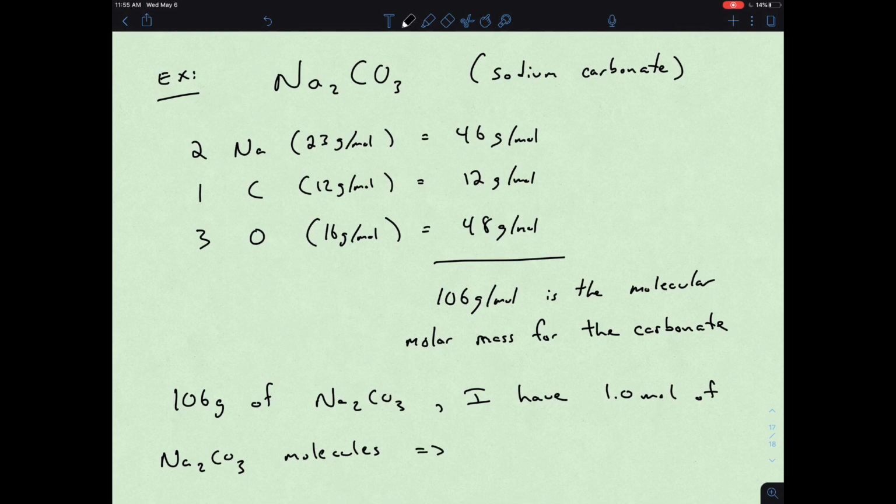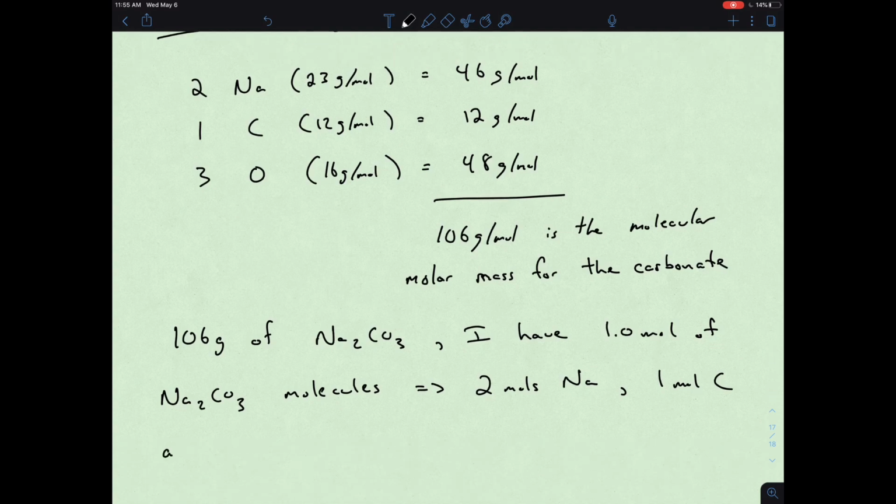I can even go further and say that I would have 2 moles of sodium, 1 mole of carbon, and 3 moles of oxygen based on that idea of the molecular formula. It's giving you that ratio of items together.